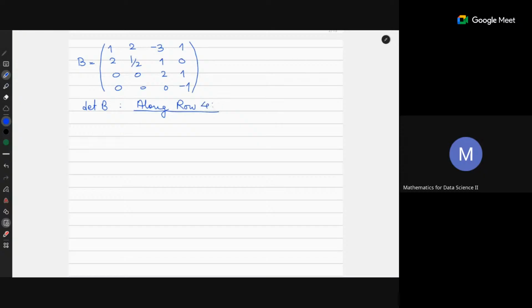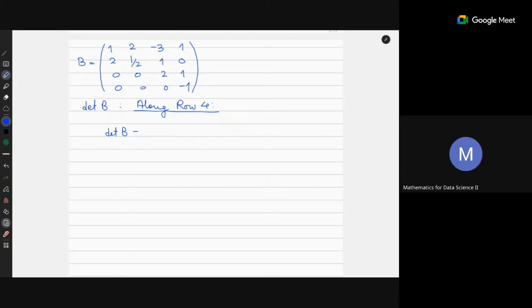So if you do that, what are the cofactors in that? The cofactors will be C41, C42, C43, C44. Let me write down the formula first.